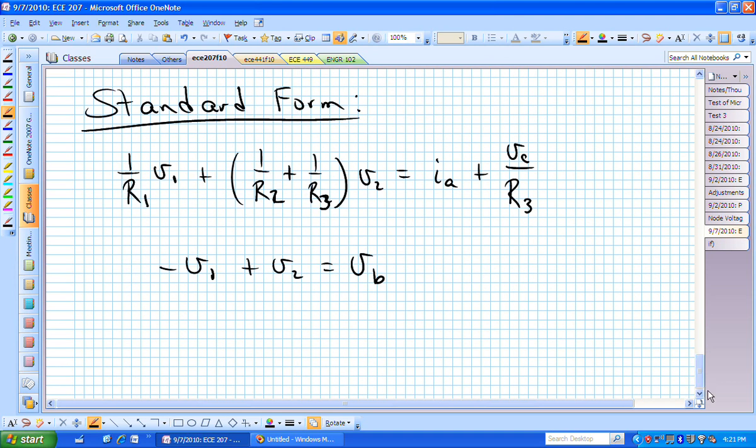If you have a favorite way of solving simultaneous equations, you may want to get practiced at it. Since I'm doing all these standard forms, I may just say put it in standard form, and it may not involve any numerical values for some problems, because I'm assuming, given enough time, you can find V1 and V2.